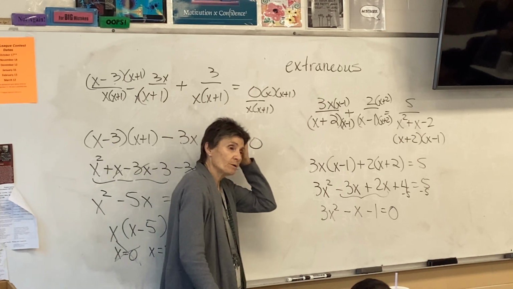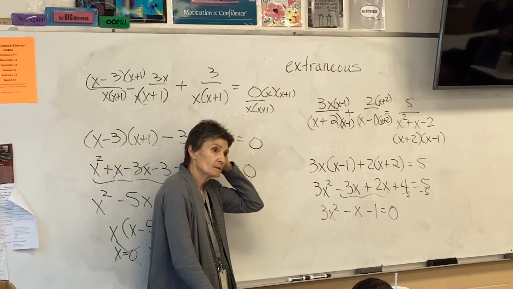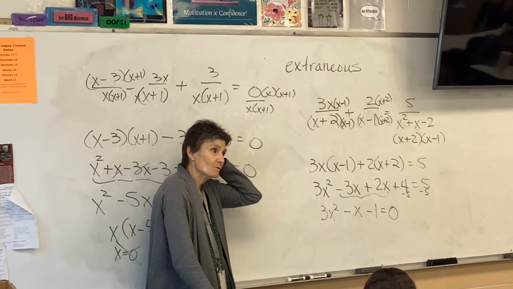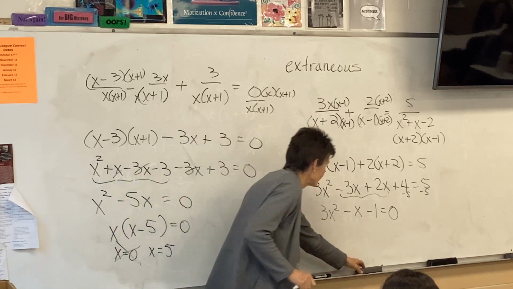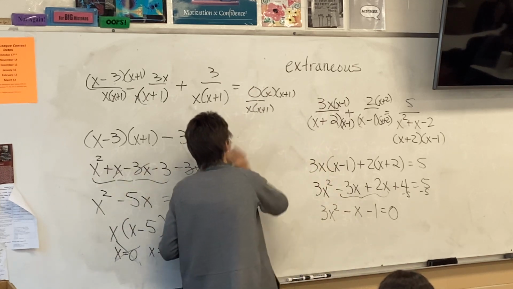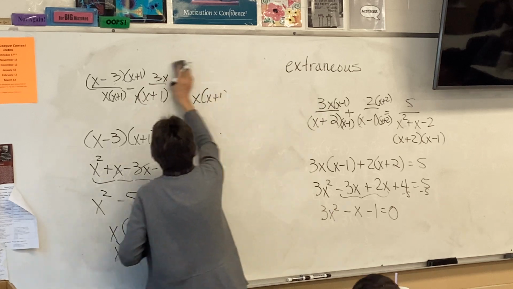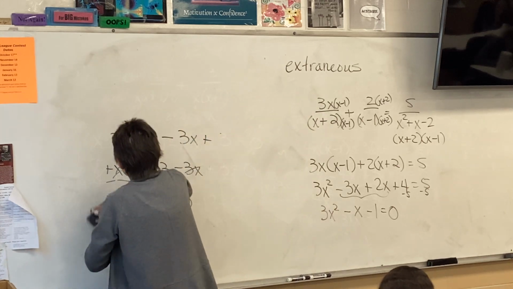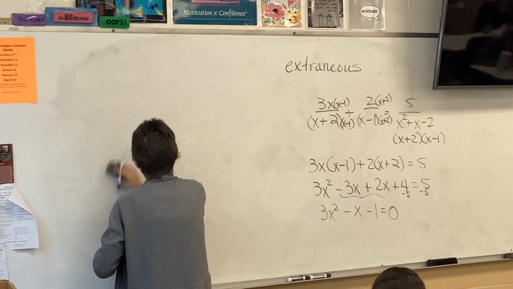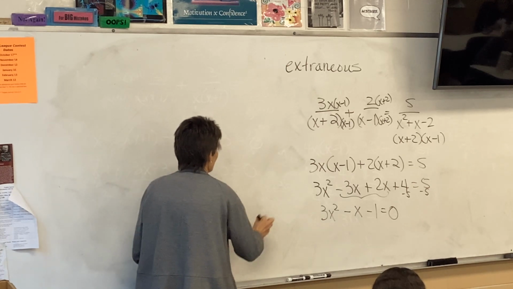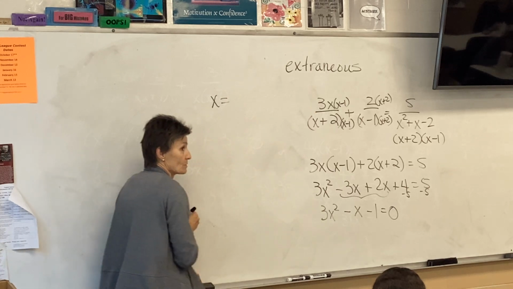You were probably wondering when this was going to happen. Is that factorable? No. Oh boy, what do I do if it doesn't factor? I use the quadratic formula. So here we go. Your job is to solve the equation, so you are not done until you can say x equals.